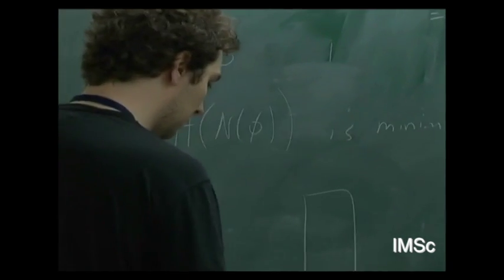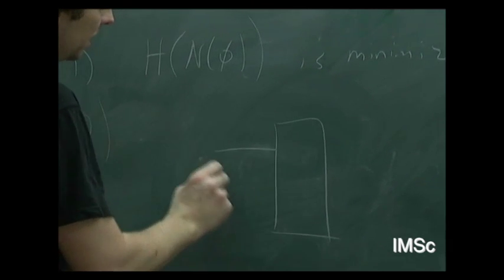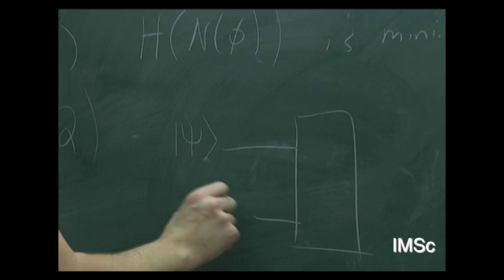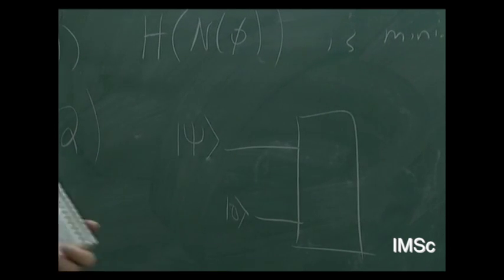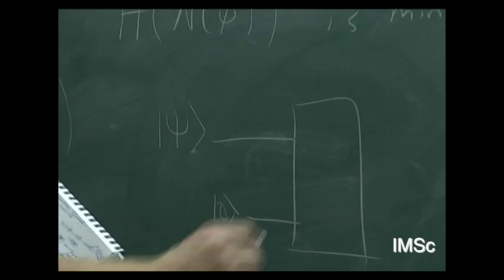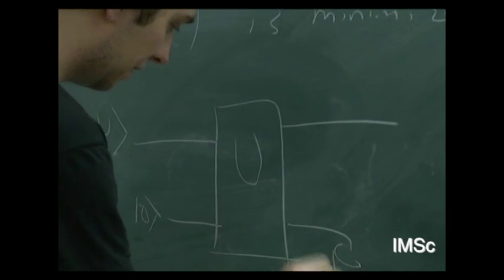And the second observation is that let's say I have a noisy channel, N. I can always think of it as: I put some input state in, psi. I append some fixed pure state. I do some unitary, and then I do a partial trace.